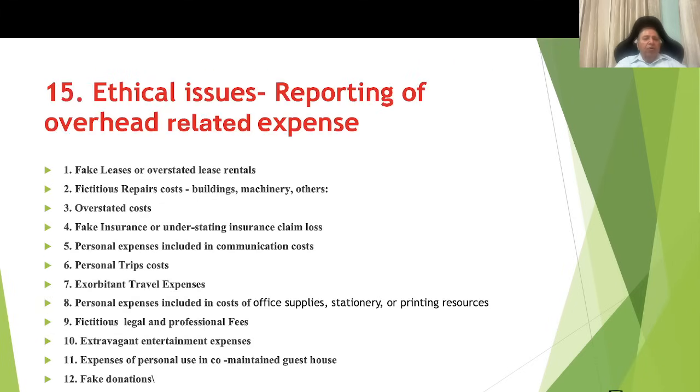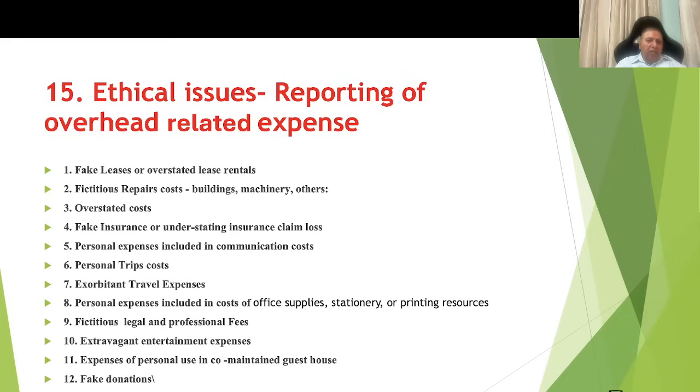Now ethical issues in reporting of the overhead related expenses: fake lease or overstated lease rentals, fictitious repair costs to buildings or machinery or others, overstated costs, fake insurance or understating the insurance claim losses. Fake insurance means some insurance is also not alright.